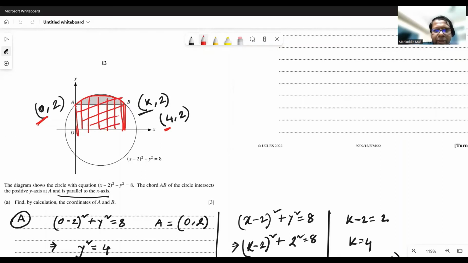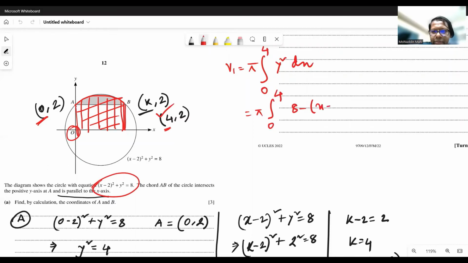So the volume is going to be pi, lower limit will be 0 and upper limit will be 4, y squared dx. So from the equation, y squared equals 8 minus x minus 2 whole squared, dx.